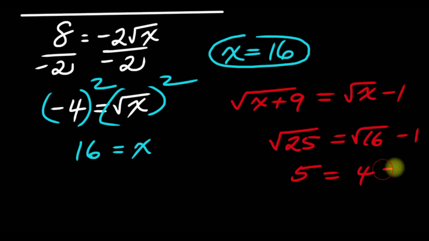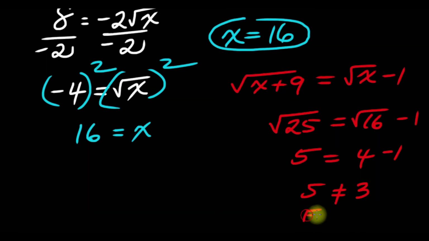This would be 4 minus 1. So that means 5 equals 3. That would be false. Okay, so this is false. So therefore this is an extraneous solution. Because 16 is an extraneous solution, the equation has no solution.